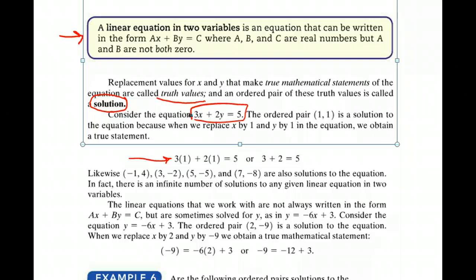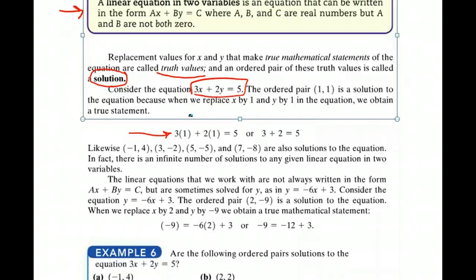And 3 plus 2 is 5. So 5 equals 5. That means that (1, 1) is a solution to that equation because it resulted in a true mathematical equation. However, if you were to plug that in and you did not obtain a true value, then it would not be a solution.